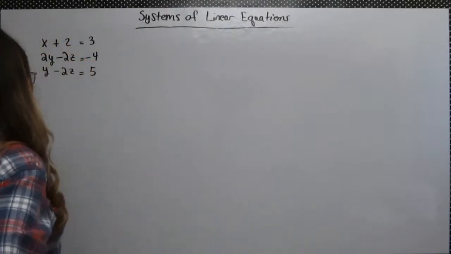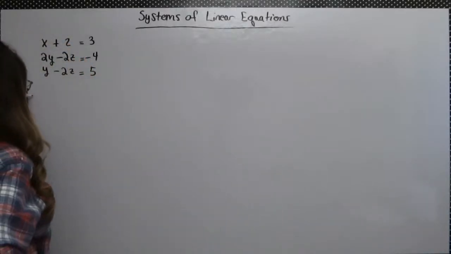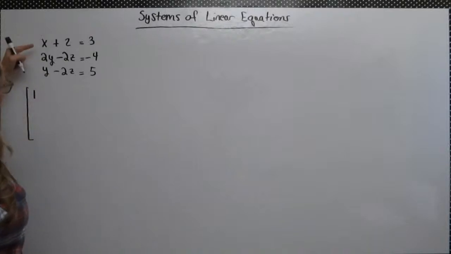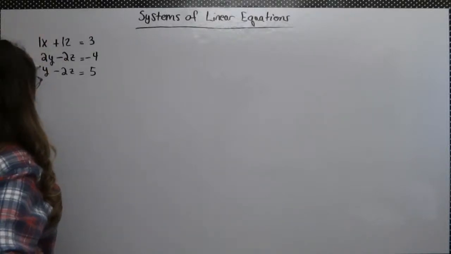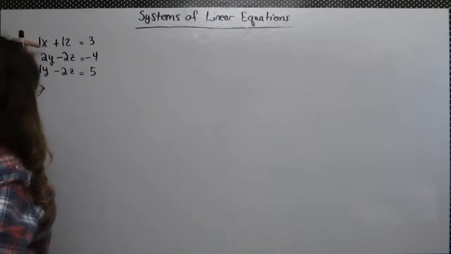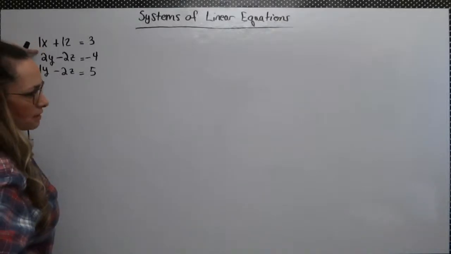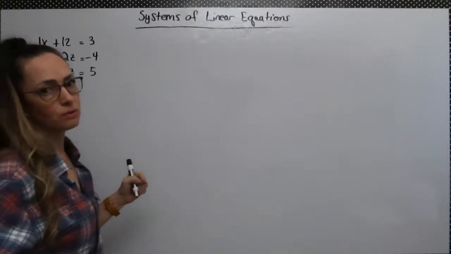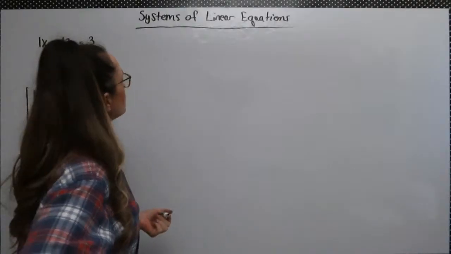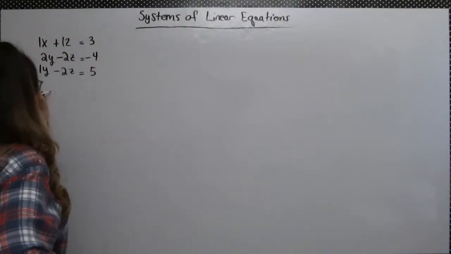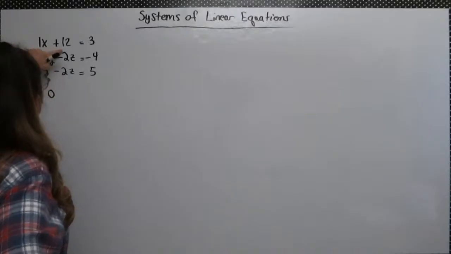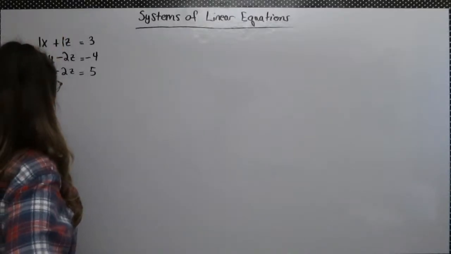So when I write this system, I'm going to have 1. And again, I'm just listing my coefficients. And there's this hidden 1. So if your variable looks like it doesn't have a coefficient, it does have a coefficient. It's just 1. So we've got 1, and then y is 0, and then z is also 1.